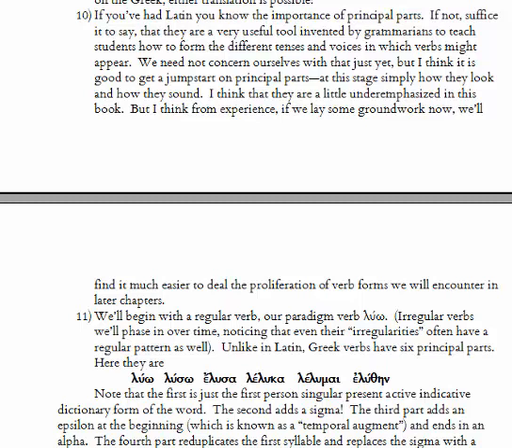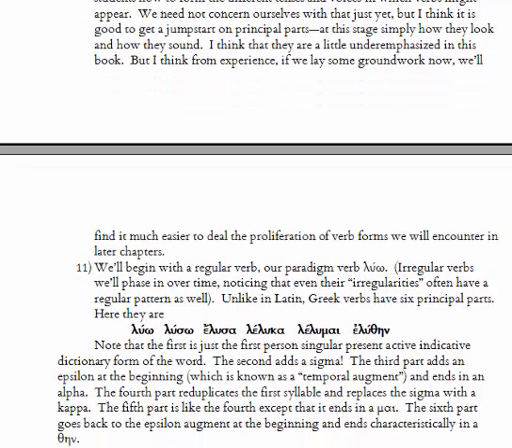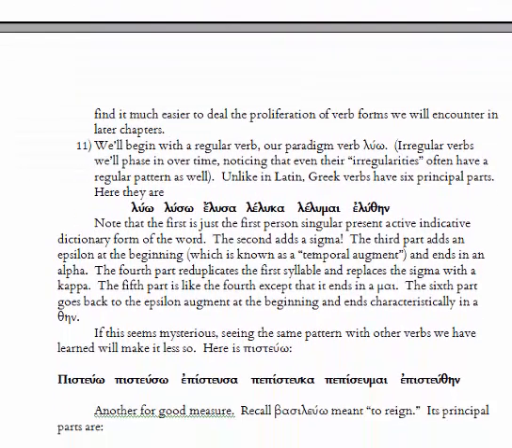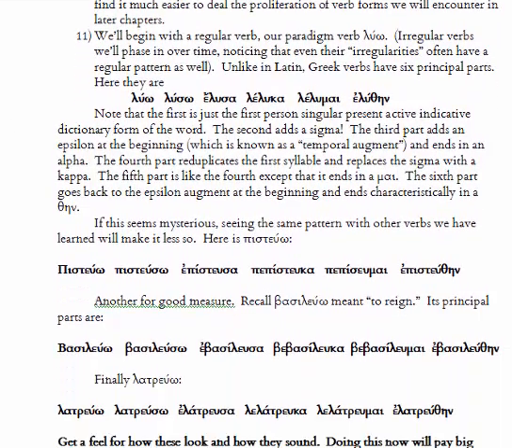Okay? And so at this stage, I don't even really want to go over why we're doing principal parts specifically. If you've had Latin, you can kind of guess the reason. But if you've not, which is probably some of you, don't worry about that.